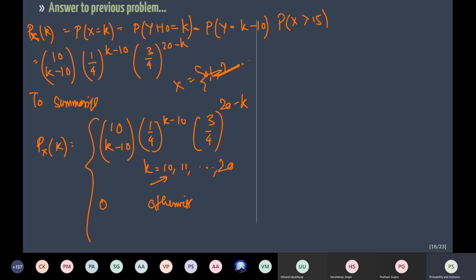We have to remember that x is the total number of correct answers and y is also the total number of correct answers. So x can go from 0, 1, and in reality up to 10, and then 11, and it can go up to 20. These are the possibilities.